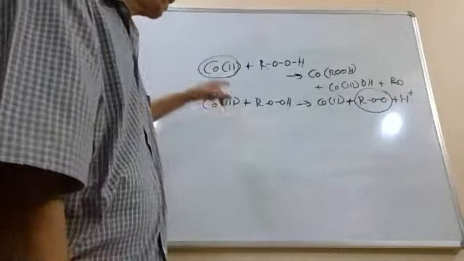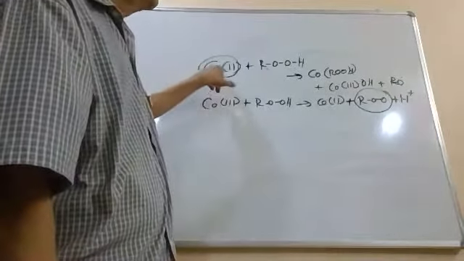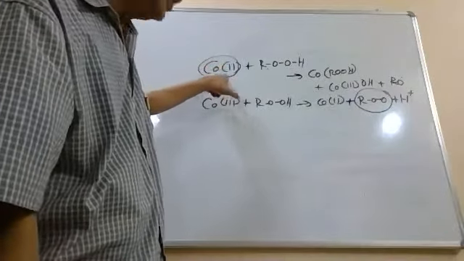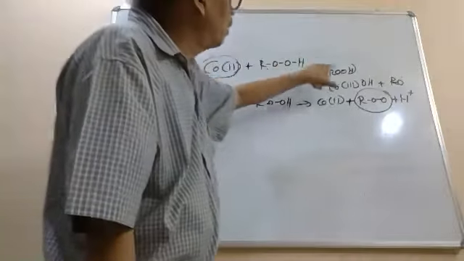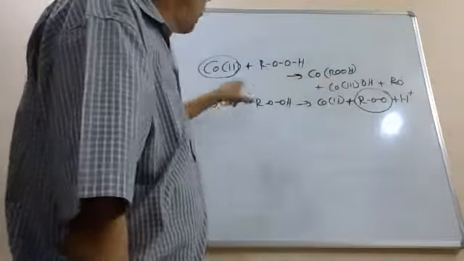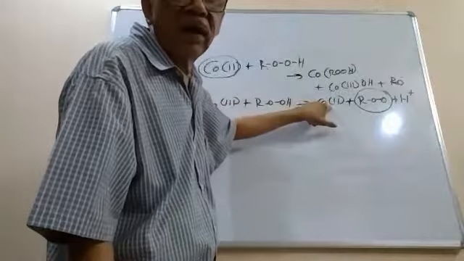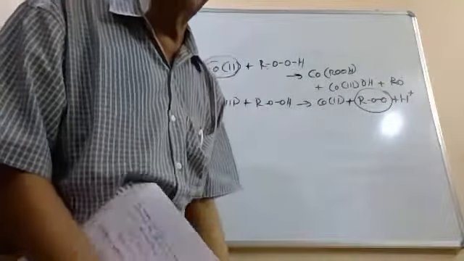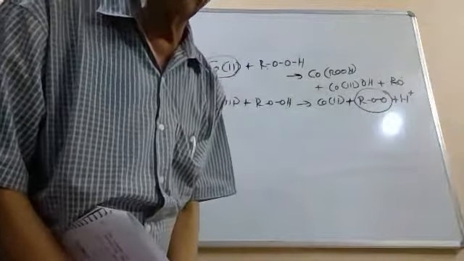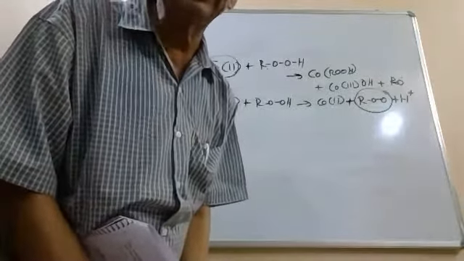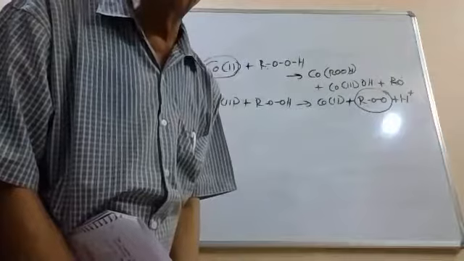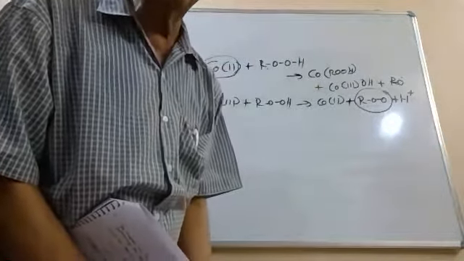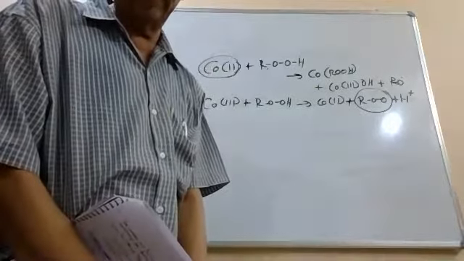So for example, when you see this reaction, the salient feature, the most important aspect of this process is the oxidation of cobalt to cobalt 3 plus and the cobalt 3 plus shuttling back to cobalt 2. So the main feature of this process is the ability of cobalt to shuttle between 2 oxidation states. In other words, this is an example of the importance of oxidation and reduction in homogeneously catalyzed reactions.